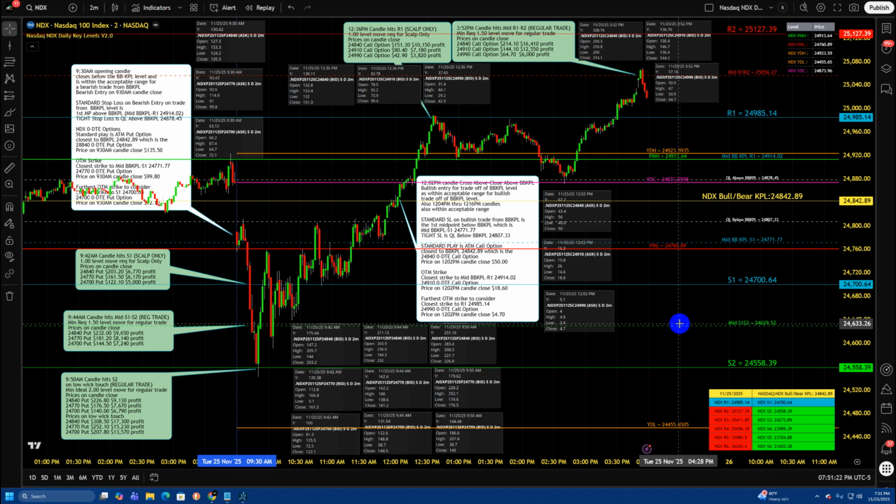The reason is that with Pine Script, TradingView's programming language, if the symbol your chart is on, such as Nasdaq NDX, is not open at the time the indicator knows what the levels will be at 9 a.m., the only way to get the levels before the open is to have a second chart open.